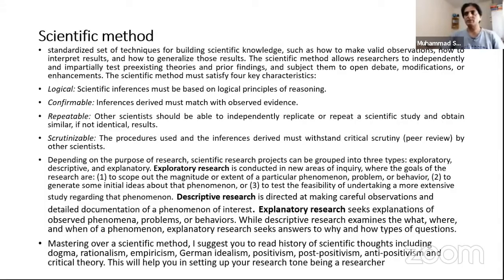So now coming towards explaining the scientific method, what is the meaning of scientific method? The scientific method is a standardized set of techniques for building scientific knowledge, such as how to make valid observations, how to interpret results, and how to generalize those results.